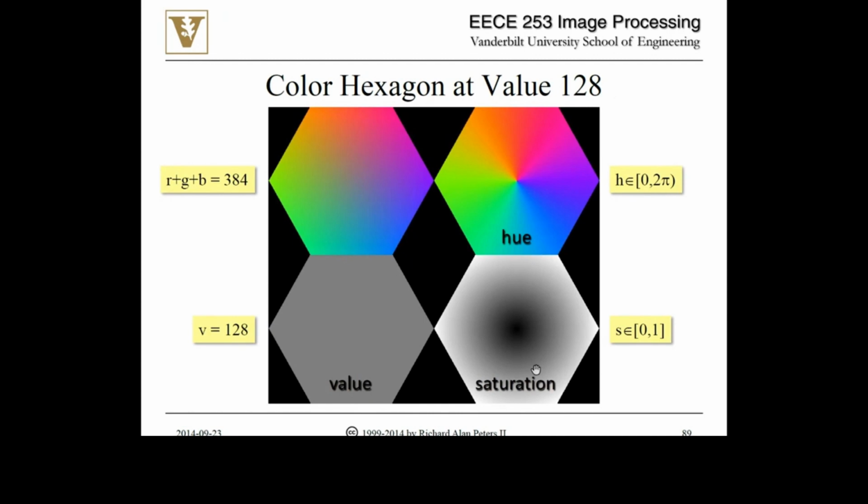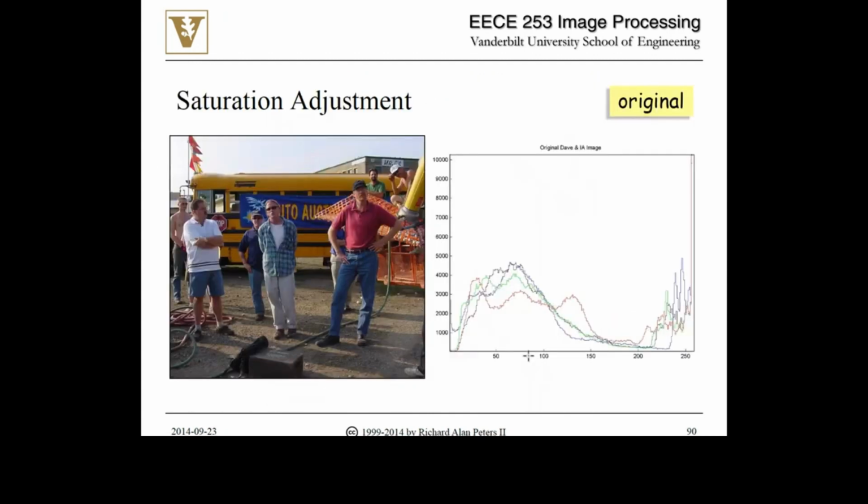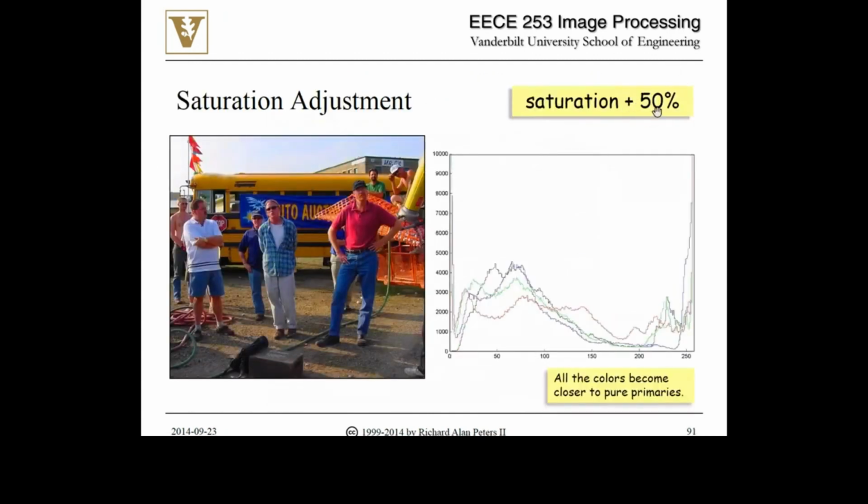So you take the saturation value and you increase it by 50%. So you multiply that saturation by 1.5, and you get a different saturation. And maybe because of the increase of saturation, you have to clip your values to 255.